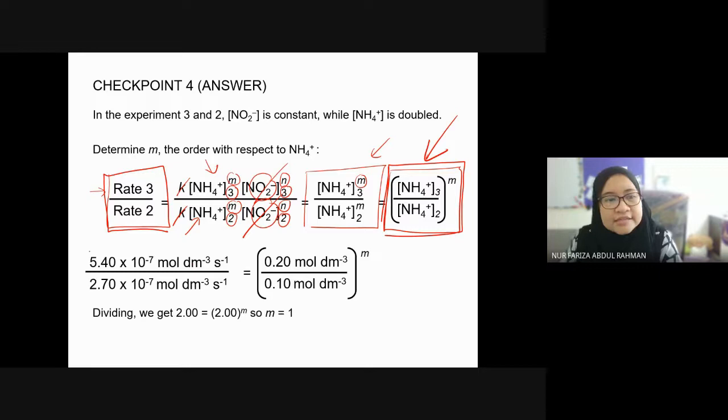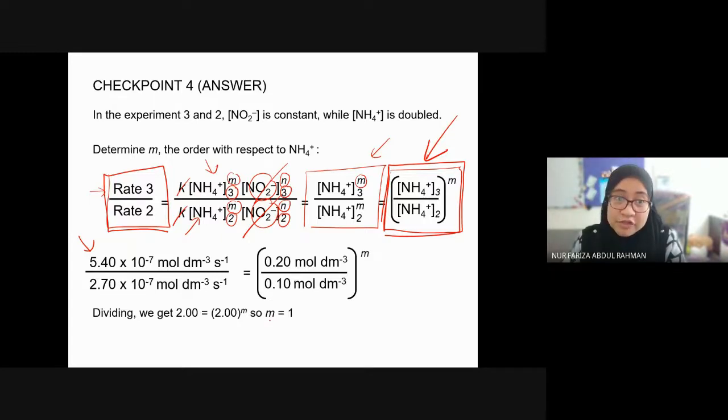Okay, and then the second step is where you insert the data from the table. Make sure that you insert the data correctly and then you solve it. You will determine the M depending on the unknown that you've chosen.